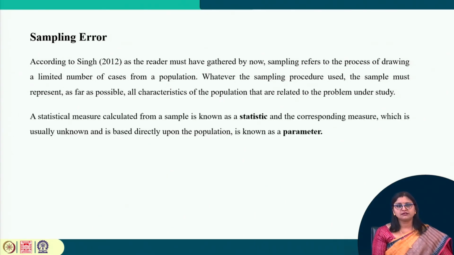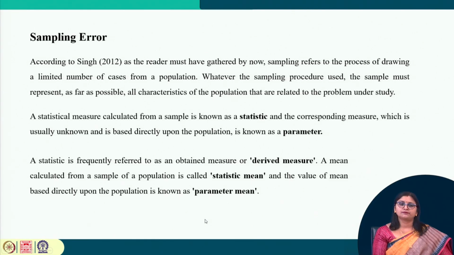A statistical measure calculated from the sample is known as a statistic, note it, and the corresponding measure, which is usually unknown, based directly upon the population, is known as a parameter. So, a statistic is frequently referred to as an obtained measure or derived measure.